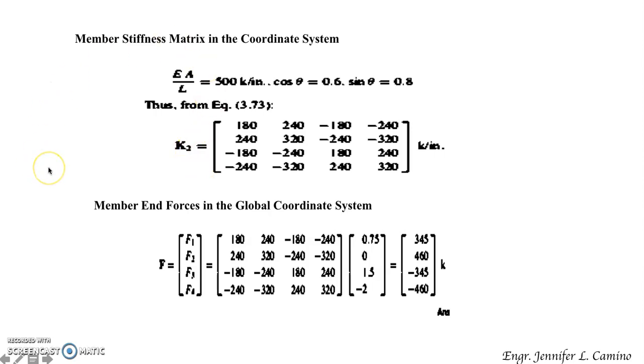Using the equation that was introduced a while ago, we simply have to find the value for cosine theta and sine theta, and the value for E, A, and L for member 2, then you simplify, and you have now this expression. Once you have simplified this one, this will be multiplied to member end displacement in the global coordinate system so that we can obtain our member end forces for member 2 in the global coordinate system.